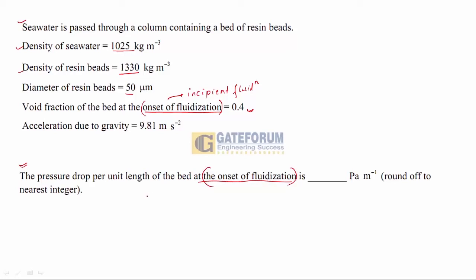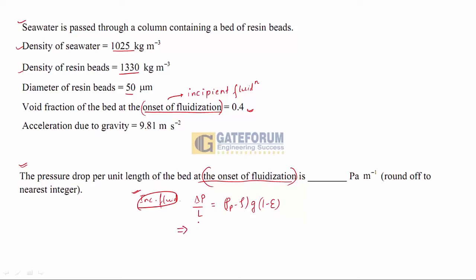At the condition of incipient fluidization, we have the following relation: del P by L is equal to rho P minus rho into g into 1 minus epsilon. This condition is valid for incipient fluidization.